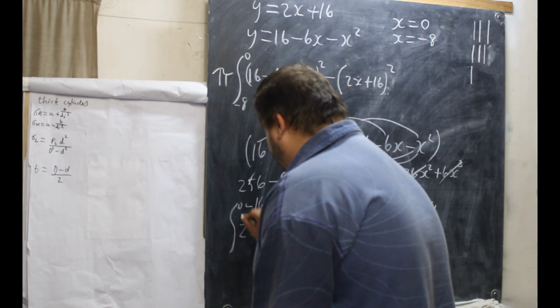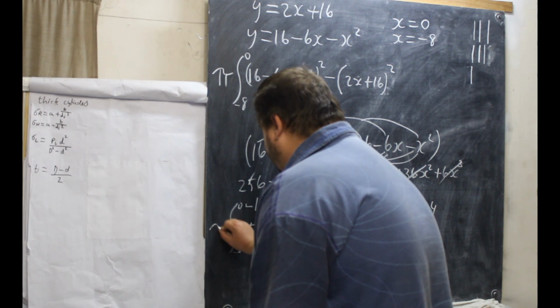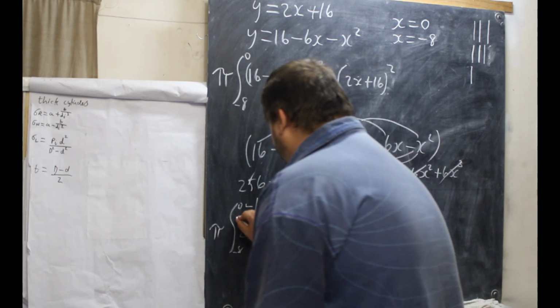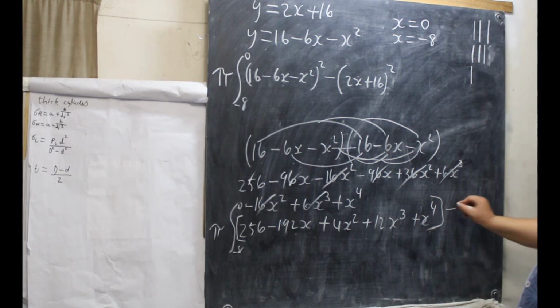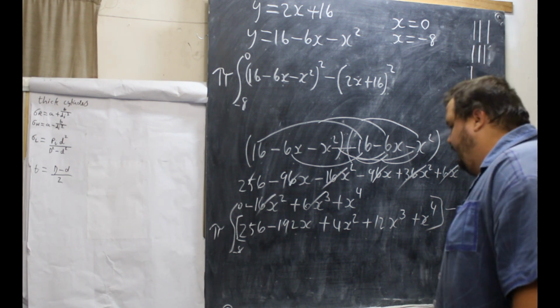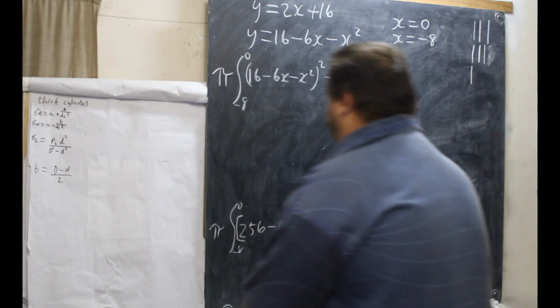We integrate from 0 to minus 8 with pi. That is in its own little bracket, minus another little bracket. So we've done the top.